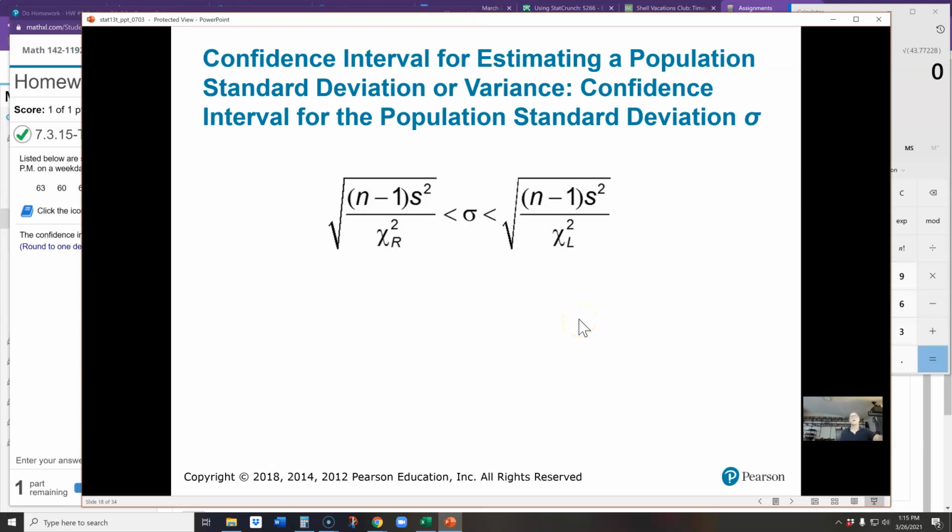Even though it looks like the left one should be first, this might be switched. But notice they then took the square root, because everything was done in terms of the variance. To get the confidence interval in terms of the standard deviation, you have to take the square root of the results you got for the variance. We'll have to do that even when we're doing our problems in StatCrunch.